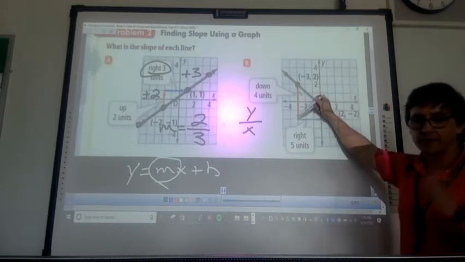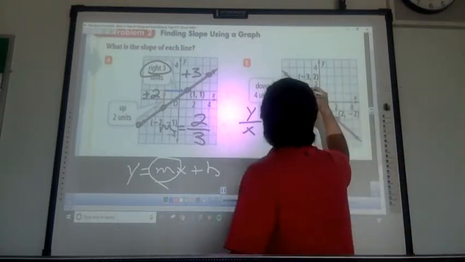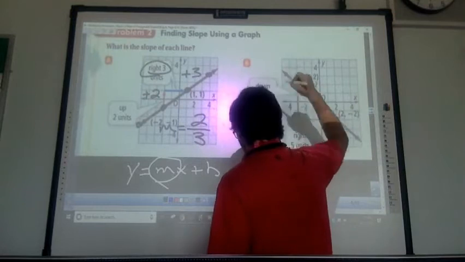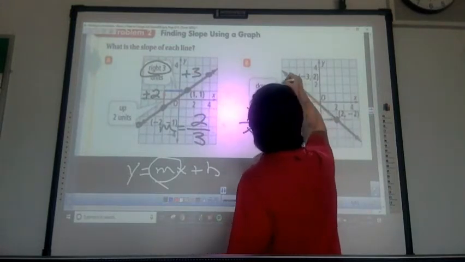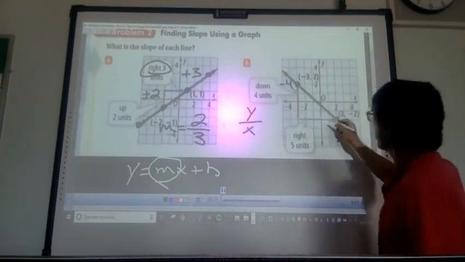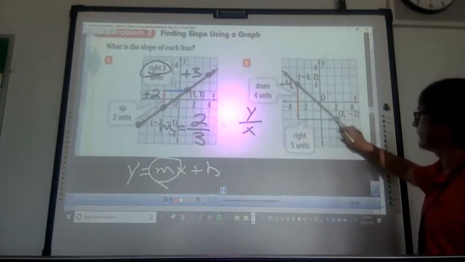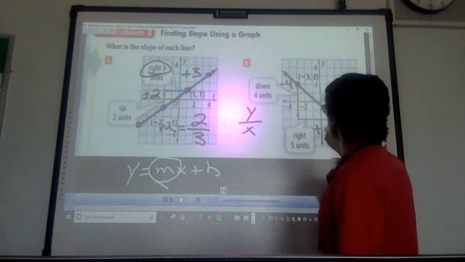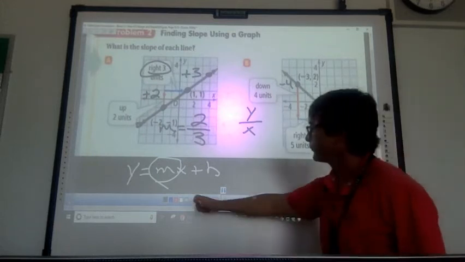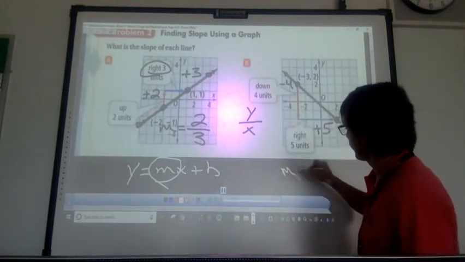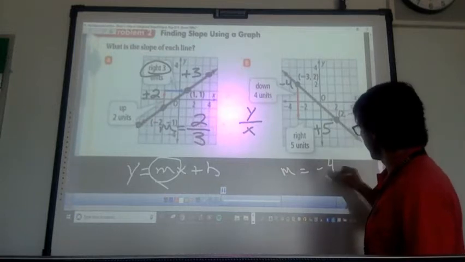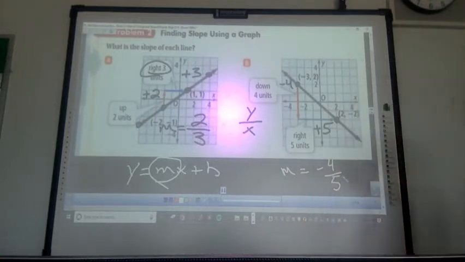So if you go down, it's negative. So -4 over here. And then over here, they went to the right, 1, 2, 3, 4, 5 units. So +5. So our slope for this one is -4 over +5.